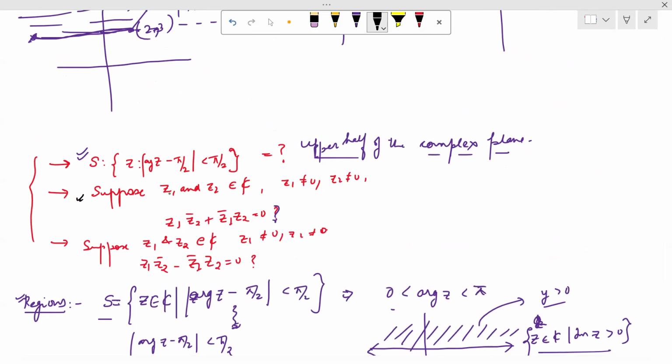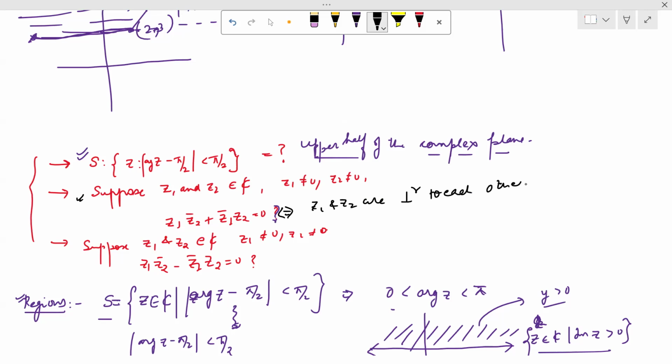Second question, remember that if Z1 and Z2 are two non-zero complex numbers, and the condition given to you is Z1 into Z2 bar plus Z1 bar into Z2 equal to 0, it implies that Z1 and Z2 are perpendicular to each other. So if this condition is given to you, it implies that Z1 and Z2 are perpendicular to each other.